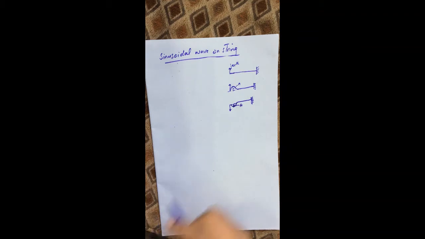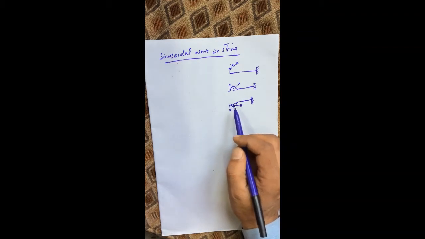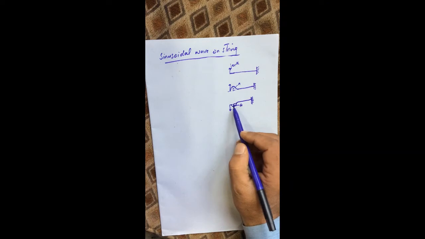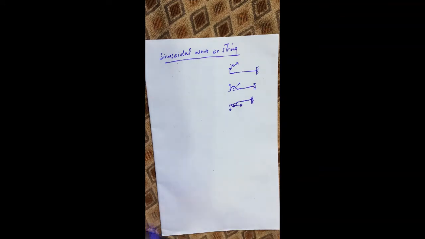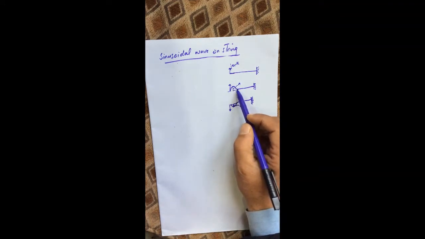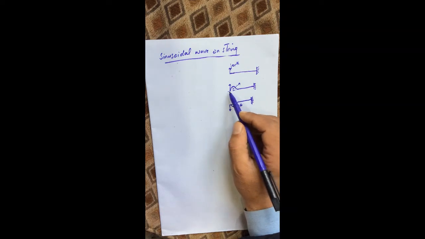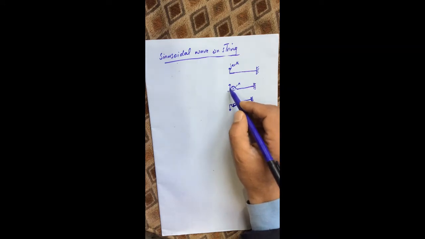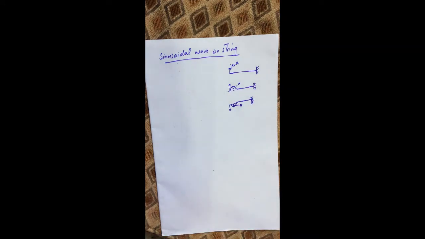So a pulse with maximum negative displacement of the medium can be created by jerking the string in the downward direction. And similarly, a pulse with maximum positive displacement of the medium particle can be created by jerking the string in the upward direction.